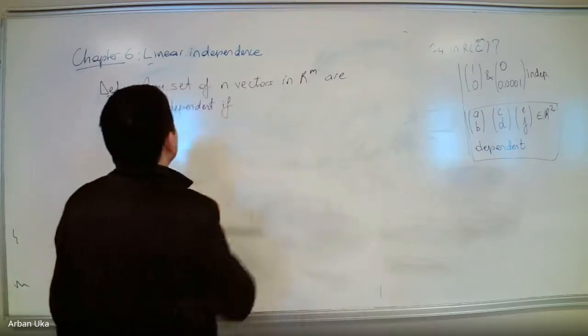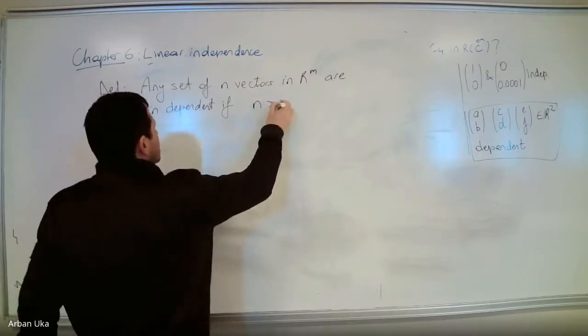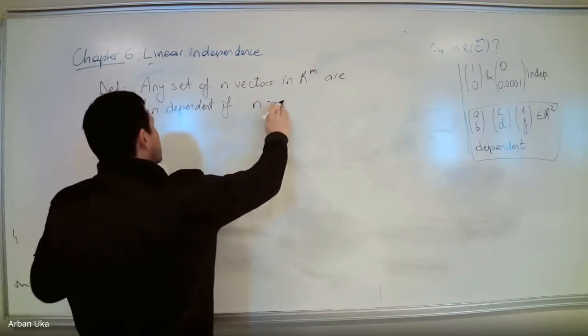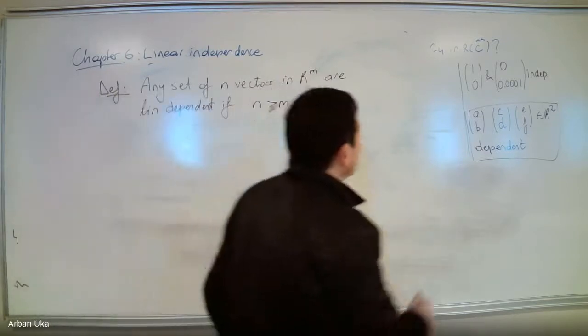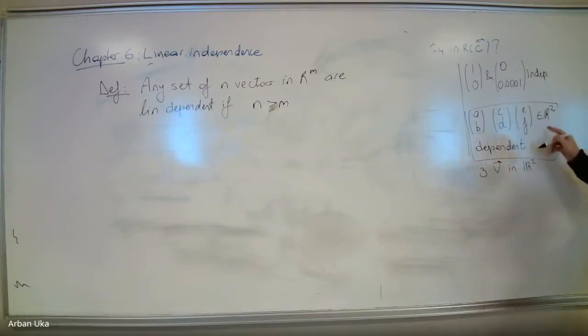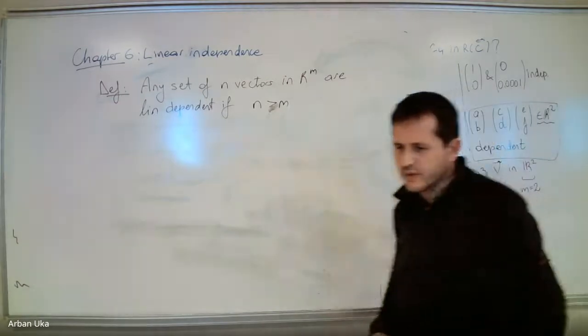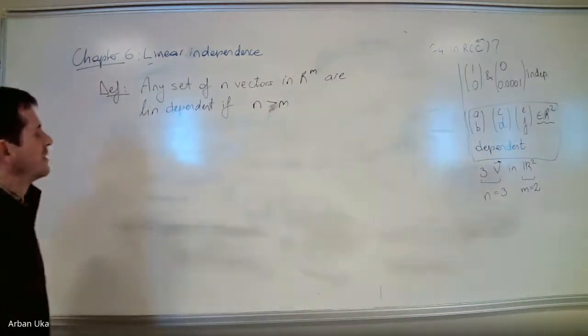We have vectors in Rn, and this will be the case if the number of vectors is larger than n. Let's try to read this from here. We have three vectors V, and they are in R squared. So we're just looking at this one. In this case, the number of vectors is equal to 3, and n is equal to 2. So apparently, whenever the number of vectors is larger than the dimension of the space, we get those as being linearly dependent.